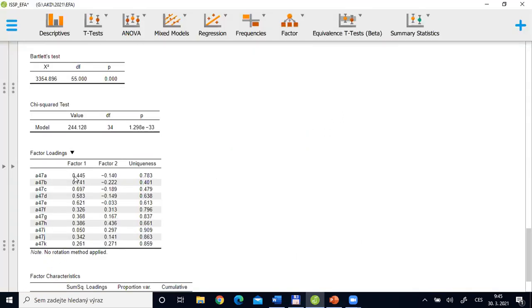And as you can see, there are quite big values for the first 5 items. So once again, it is a discovery that maybe the first 5 items have something together. There are also quite big values for the 6th, 7th, maybe 9th item as well. And also the 10th item is quite closely related to factor 1, at least more than to factor 2.